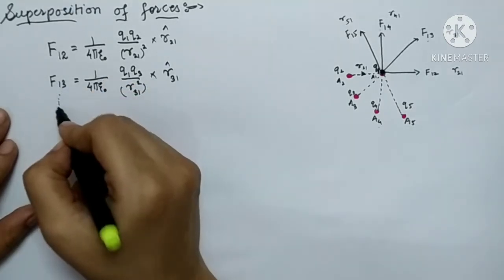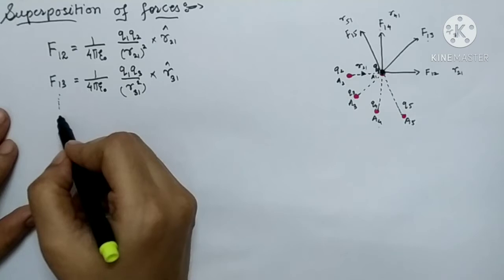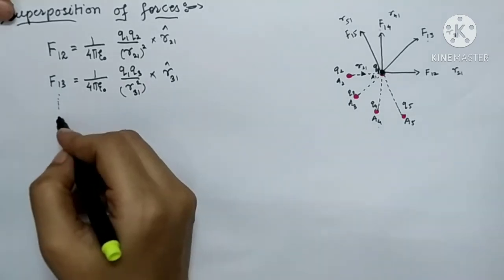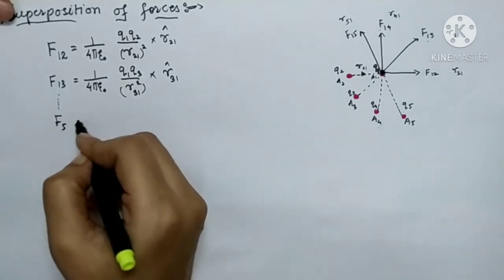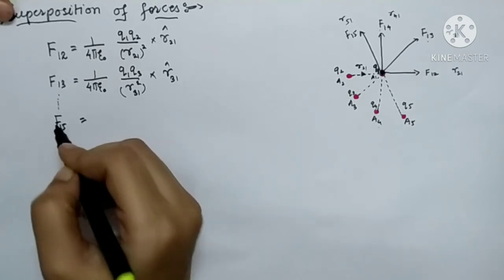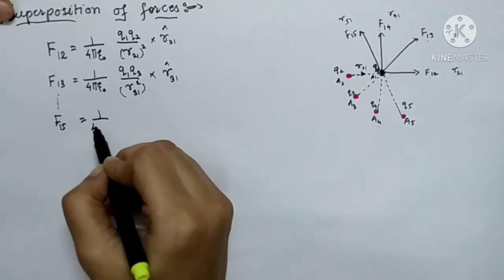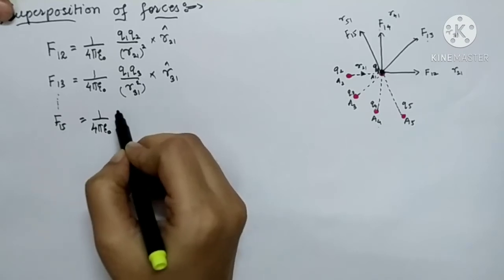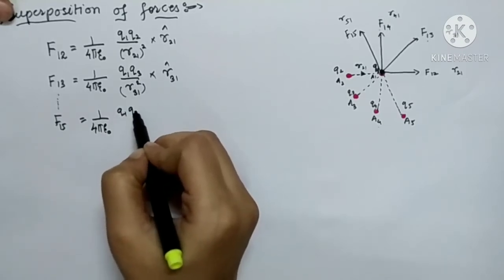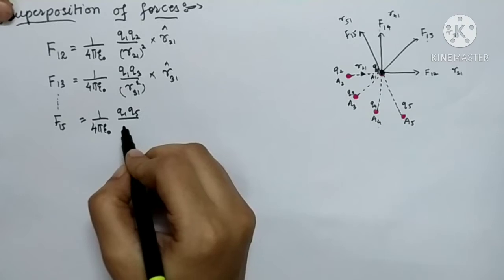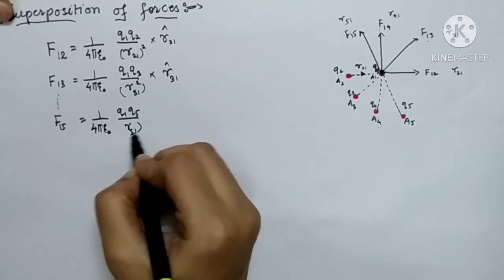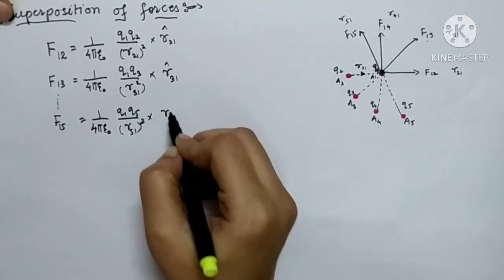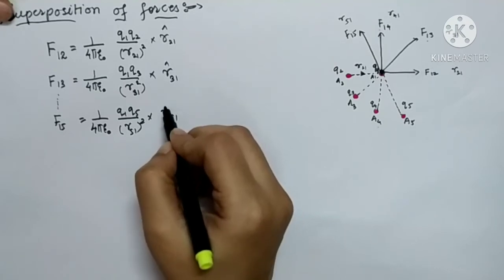Likewise, you go on calculating the total forces. Similarly, the equation for F15 I can write as 1 upon 4 pi epsilon 0, Q1 Q5 divided by R51 square, into the vector R51 hat.